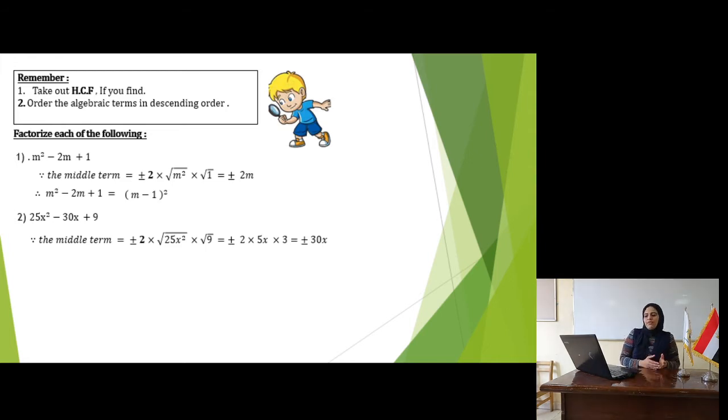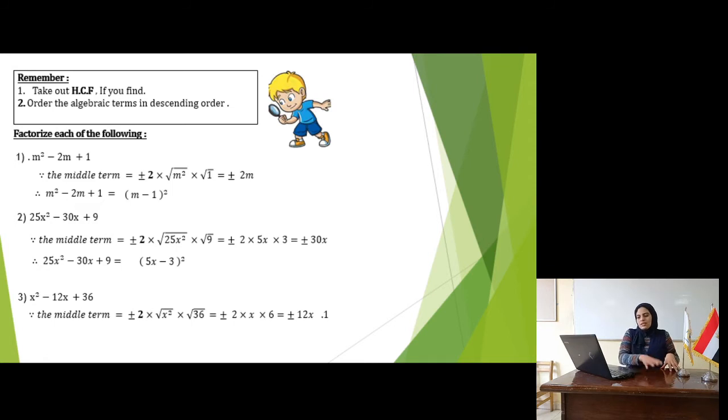So it will be 5x minus 3 to the power 2. Let's move to exercise number 3. x power 2 minus 12x plus 36. Be sure that the expression is a perfect square trinomial. x power 2 will be x, 36 will be 6. So we have x minus 6 to the power 2.